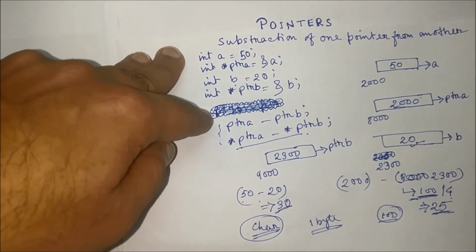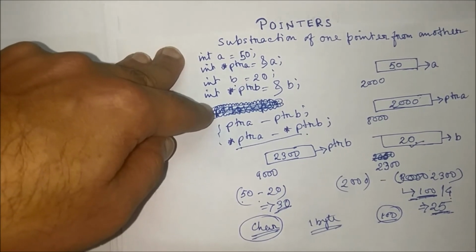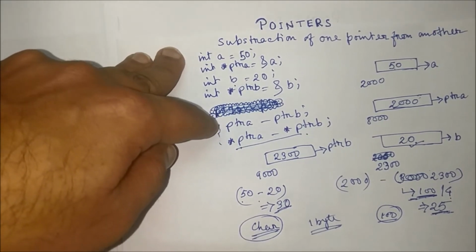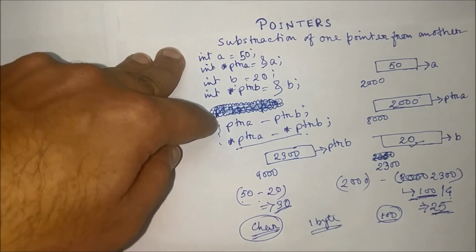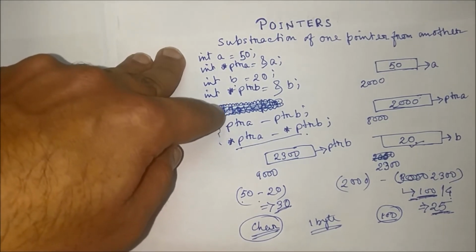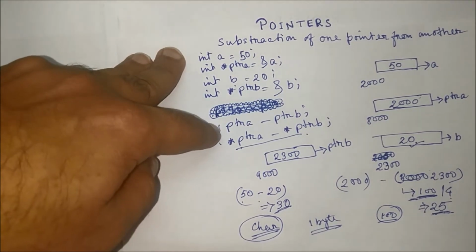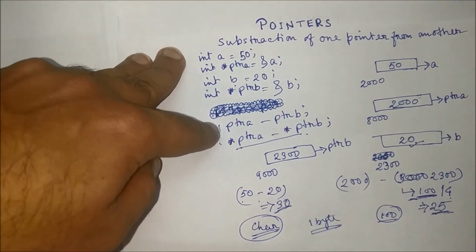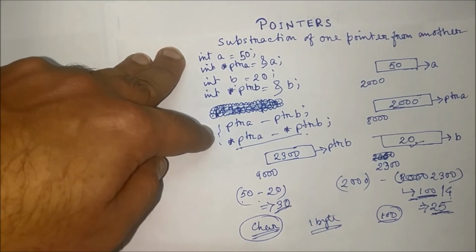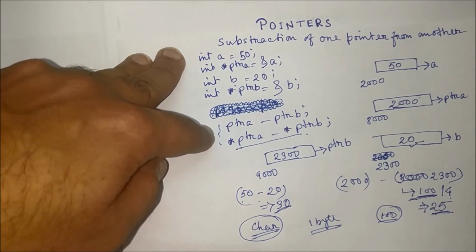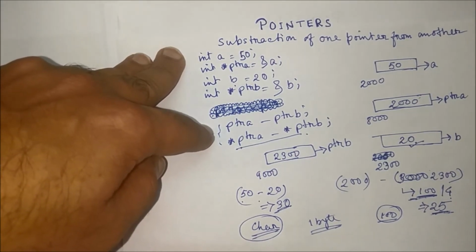So this is the way we can do the calculation whenever we perform the subtraction operation on two pointer variables. Always remember, you can only subtract two pointers if both are of the same data type, and then the resultant value you have to divide by 4 in the case of integer and float variables, and for character variables the resultant value will be the same as the subtraction value between the two pointer variables.